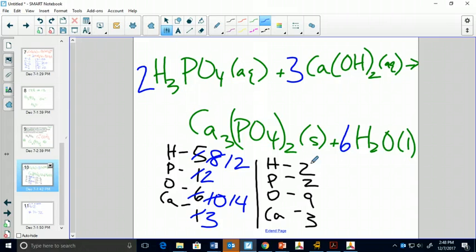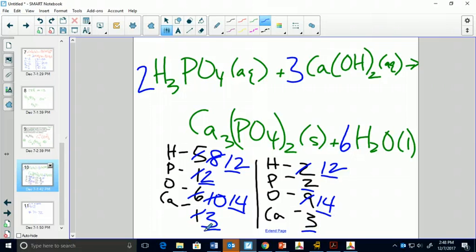2 times 6, of course, gives me 12. That balances out the H's. My O's, I've got 1 times 6, so that'll be 6 here. And I have 2 times 4, that will be 8. So 8 plus 6, when I add them together, of course, gives me 14. 12 and 12, 2 and 2, 14 and 14, 3 and 3.